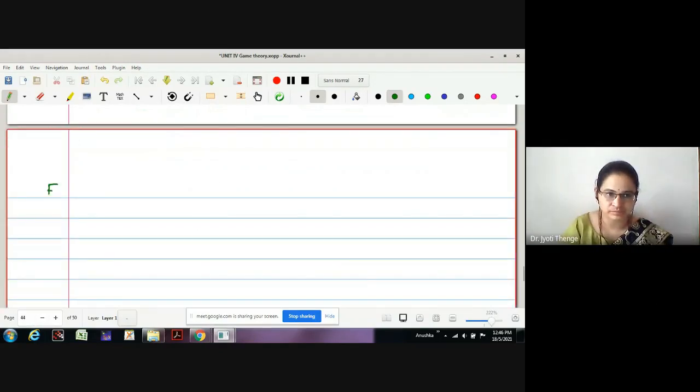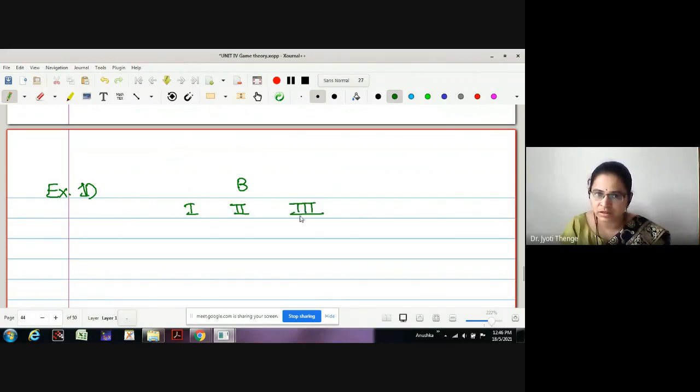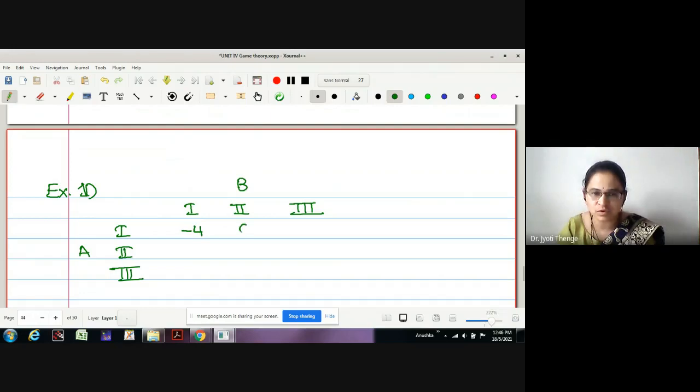Example number 1 we will take. This is with player A having 3 strategies 1, 2 and 3, and player B again having 3 strategies 1, 2 and 3. The entries are -4, 6, 3, -3, -3, 4, 2, -3 and 4.